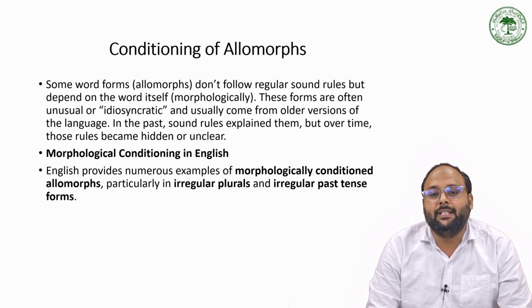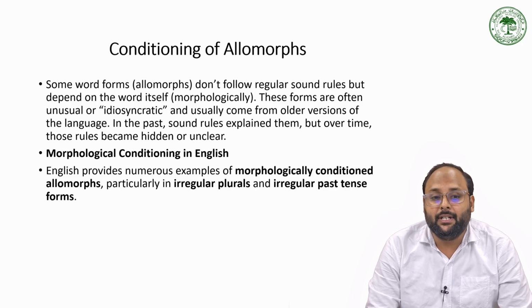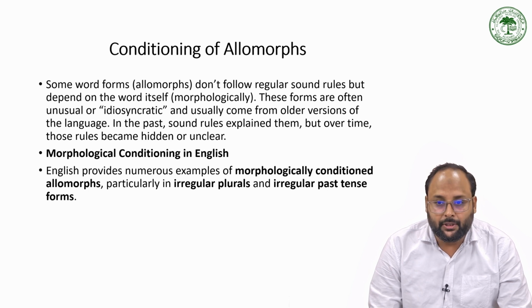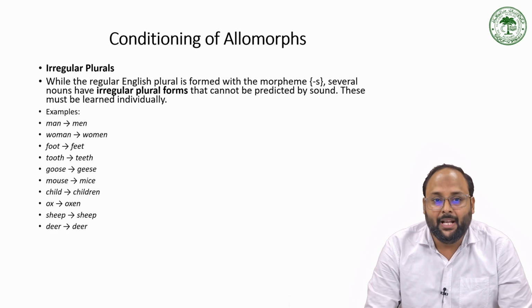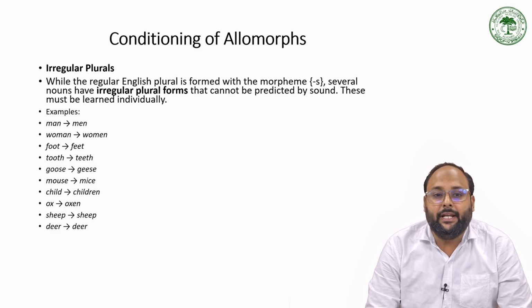So morphological conditioning in English. English provides numerous examples of morphologically conditioned allomorphs, particularly in irregular plurals and irregular past tense forms. So in English, we have a number of irregular plurals.